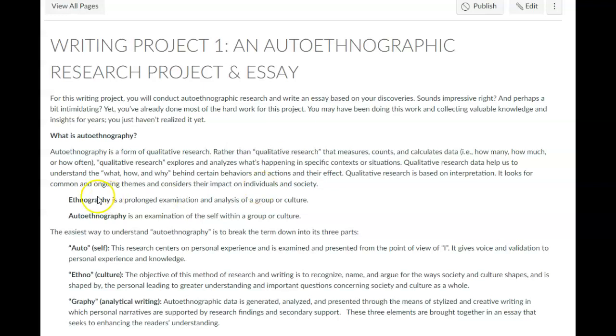And if we break it down, ethnographic research is where researchers will go into a community or a space or a culture, and they'll spend a year or year and a half or more studying this culture, studying what is happening in this culture and writing up notes and looking for themes and recurring patterns and things that are significant about that culture. And then they write that up in a research essay.